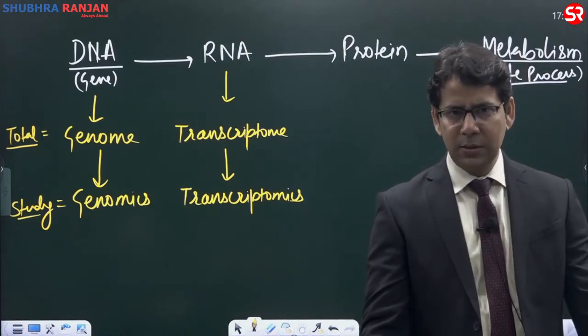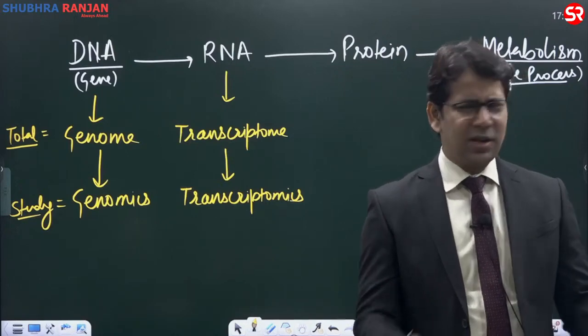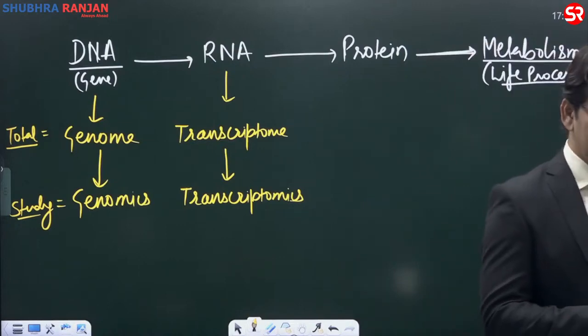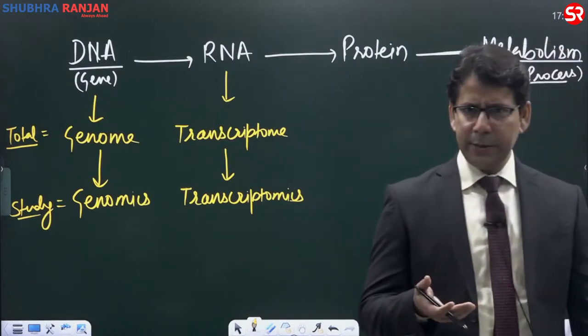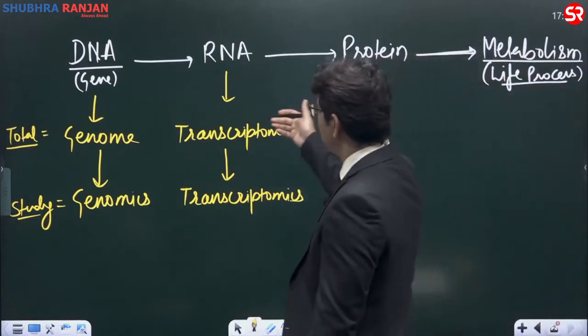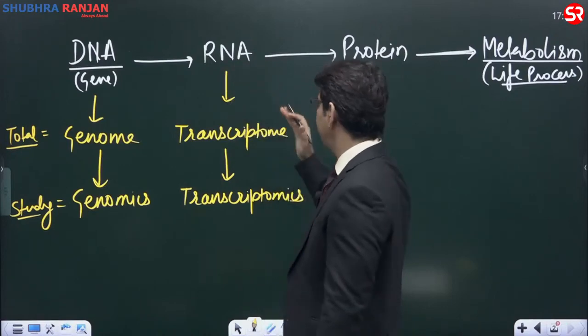And there was an answer, messenger RNA, whole messenger RNA of the body. So transcriptome is RNA, whether messenger or anything else, you have to relate it, right? So that question has been asked in prelims, that transcriptome is total RNA present in the organism.